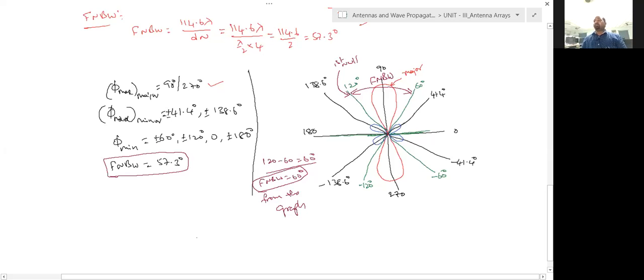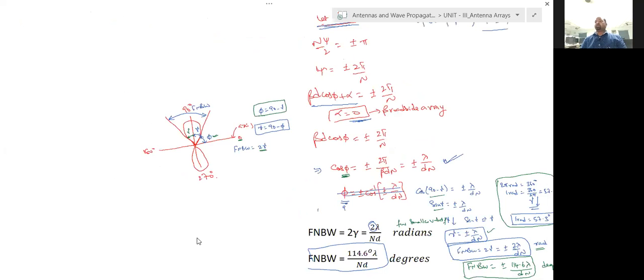And this is how we can draw the radiation pattern. The same radiation pattern we have obtained. By the principle of multiplication of pattern we drew the radiation pattern, and here mathematically we have drawn it, and again we got the same radiation pattern.